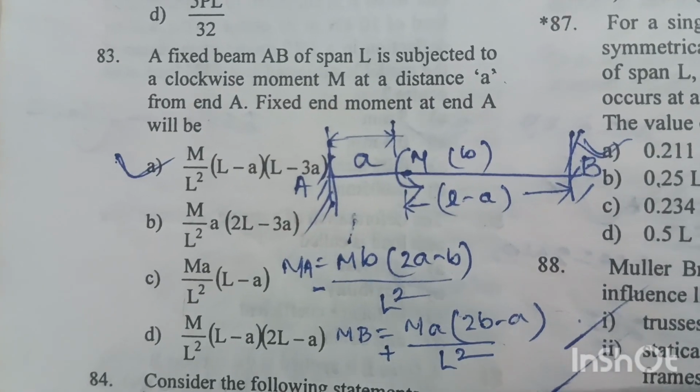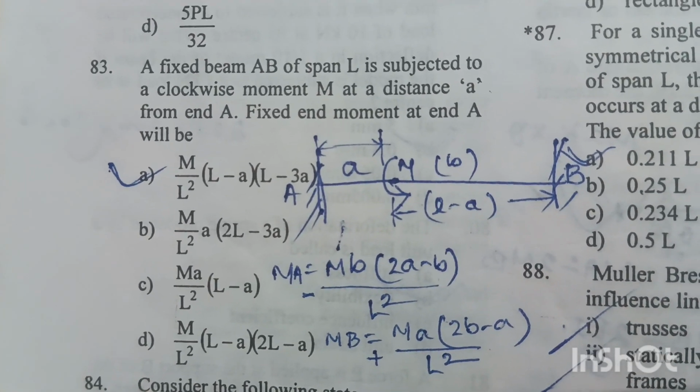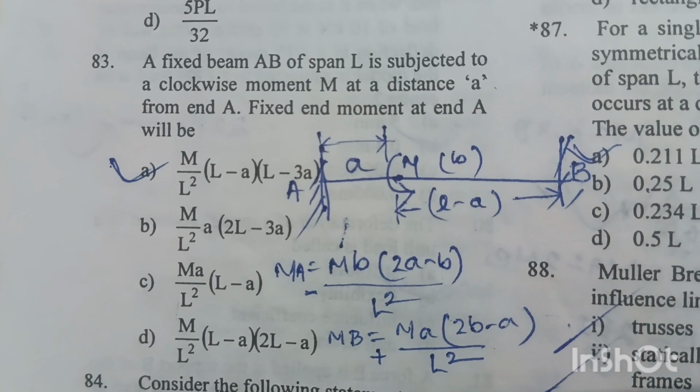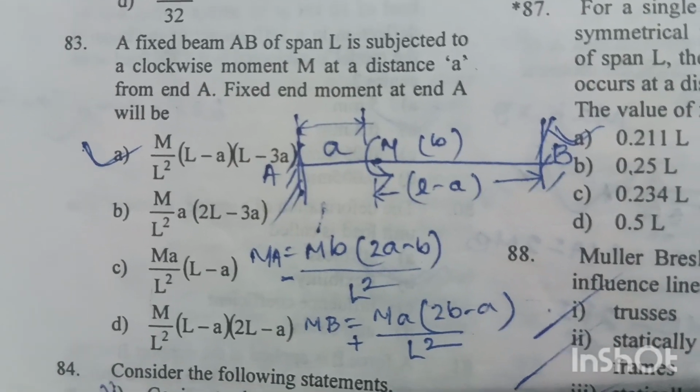Question number 83. A fixed beam AB of span L is subjected to a clockwise moment M at a distance A from the end capital A. Fixed end moment at end capital A will be.